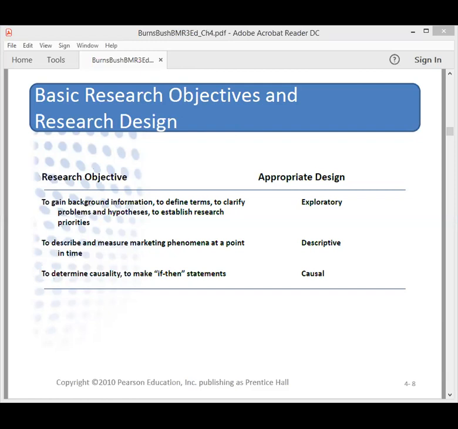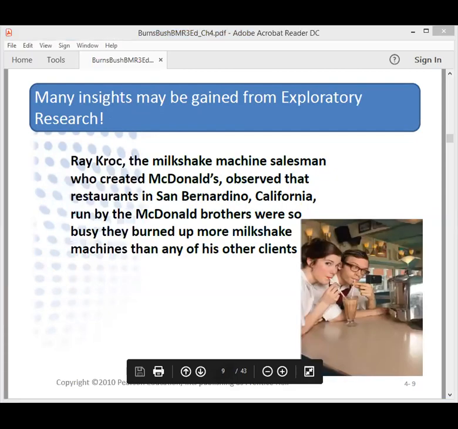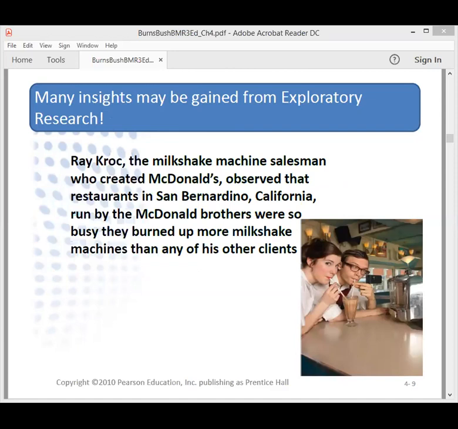So exploratory research is most commonly unstructured, informal research that is undertaken to gain background information about the general nature of the research problem. Exploratory research can be accomplished by simply reading a magazine or even observing a situation. Oftentimes research is done by just salespeople who are observing patterns in their sales.